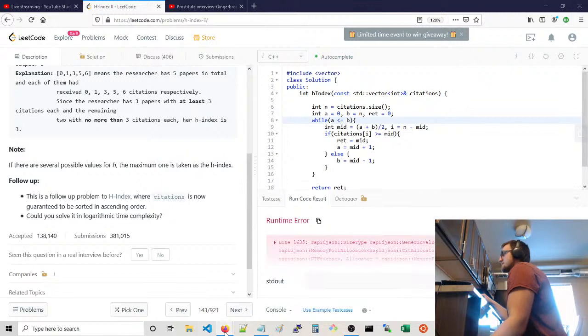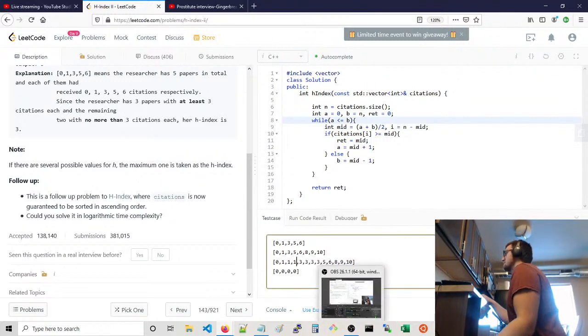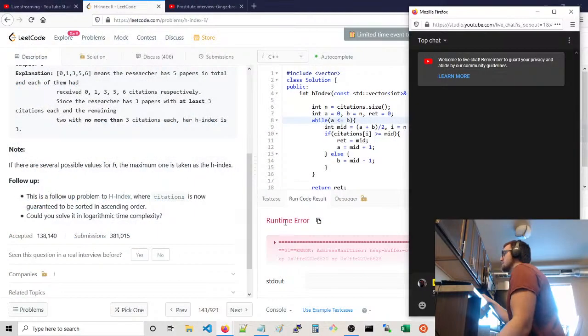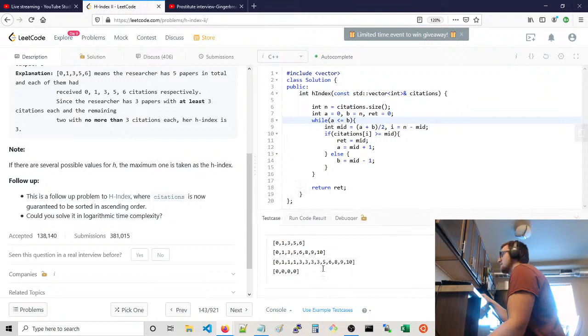Just throw some test cases in there. No. This took me a while. Runtime error. Which one?